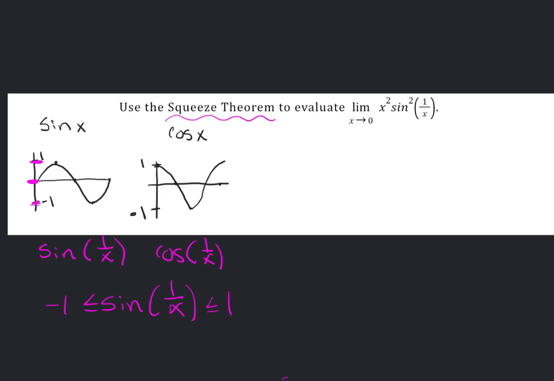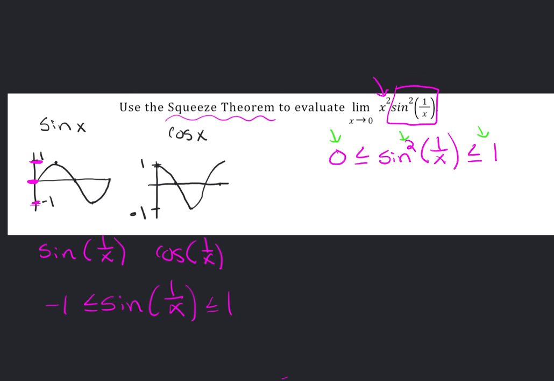So what I'm going to do is take just this part of the function, sine squared of 1 over x, which is in between 0 and positive 1. Now, if I want to add in this x squared, I can multiply all three sides by x squared.